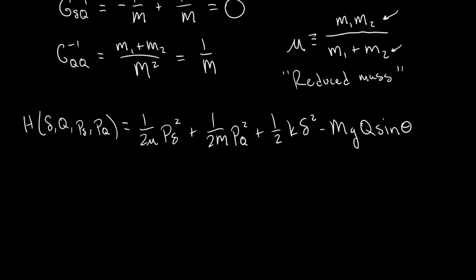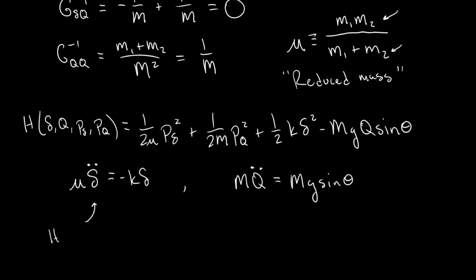Now we just plug this into our equations of motion, as we always do. And again, without going through the steps super explicitly, we get what we might exactly expect. We get two equations like this, where this just looks like the harmonic oscillator, and this is just a free-falling body.